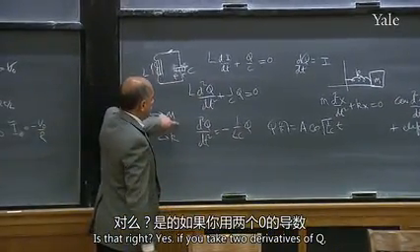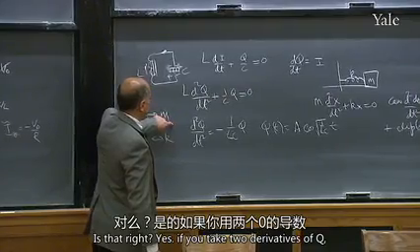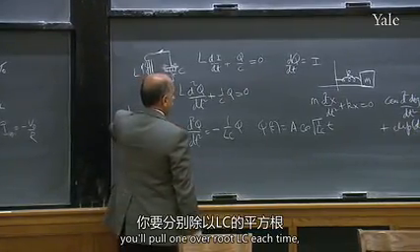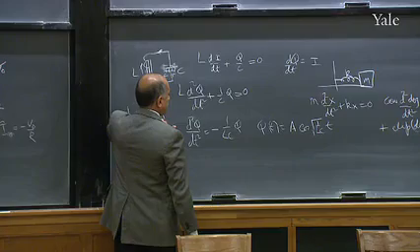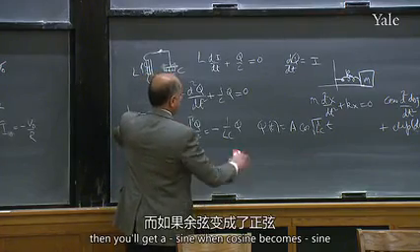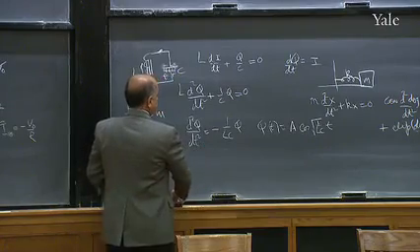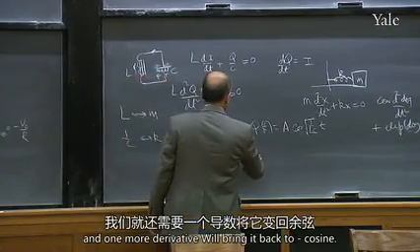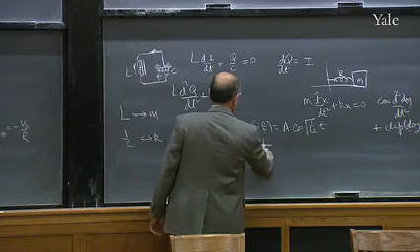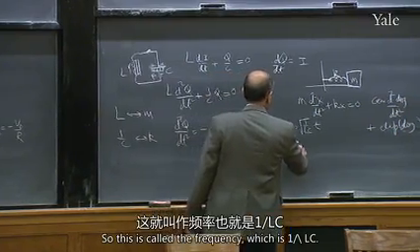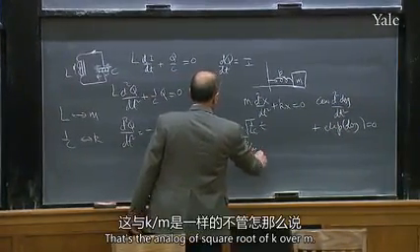Is that right? Yes. If you take two derivatives of Q, you will pull down 1 over root LC each time. Then you will get a minus sign when cosine becomes sine, and one more derivative will bring it back to minus cosine. So this is called the frequency, which is 1 over root LC. That's the analog of square root of k over m.